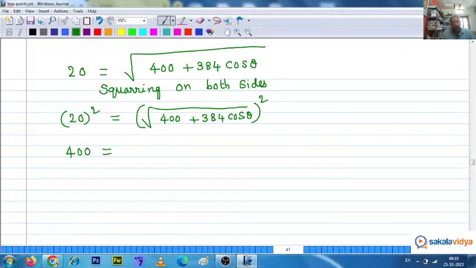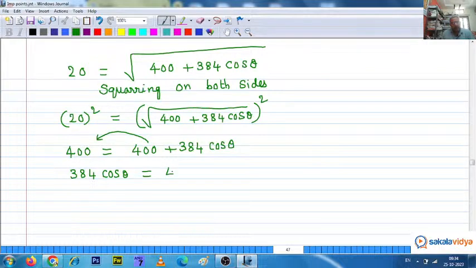So the square root of 400 plus 384 cos theta, whole squared, gives you 400 plus 384 cos theta. First let us transpose 400 to this side. That means we get 384 cos theta equals 400 minus 400. If you transpose a positive number to this side, it becomes negative.